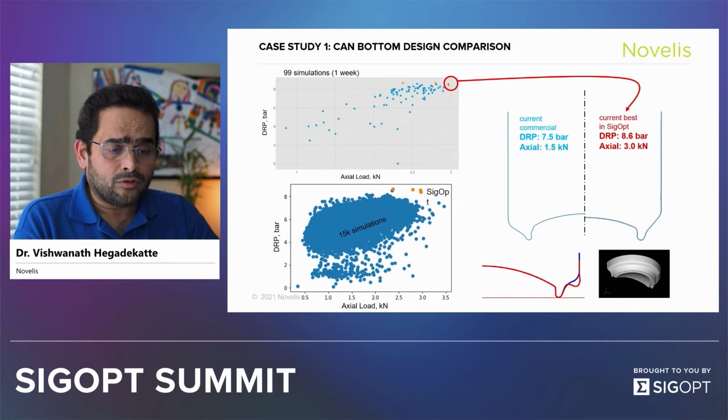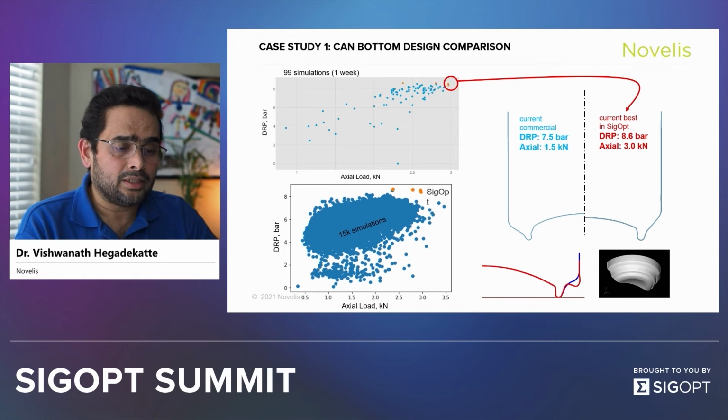And this was out of 15,000 simulations. And what we did was we started using SigOpt, and we saw that we could actually achieve a better result with a fraction of the number of simulations that we had already spent by using grid search.